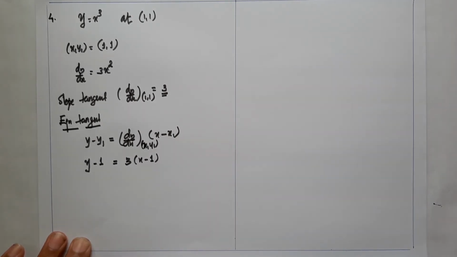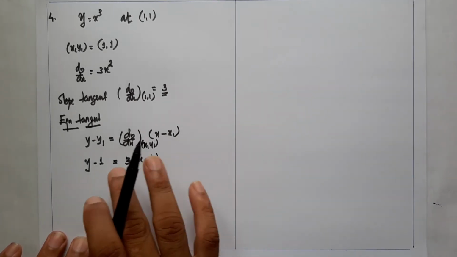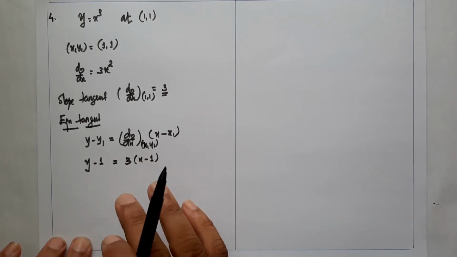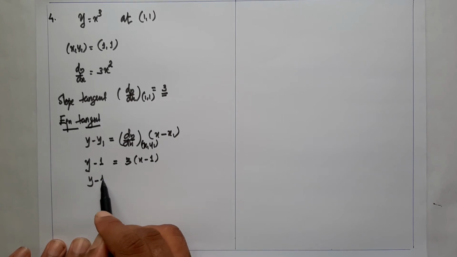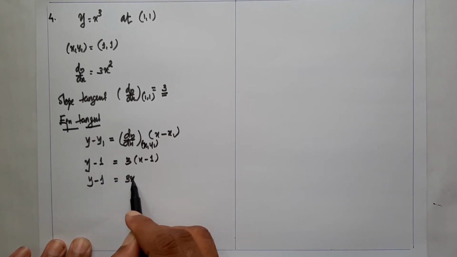Actually the tangent line is a straight line, so we simplify the given equation and convert it into the form ax plus by plus c equal to 0. You know the general equation of a line, which we discussed in last year's class, is ax plus by plus c equal to 0. So we simplify and convert it into the ax plus by plus c equal to 0 form. That is y minus 1 is equal to 3x minus 3.